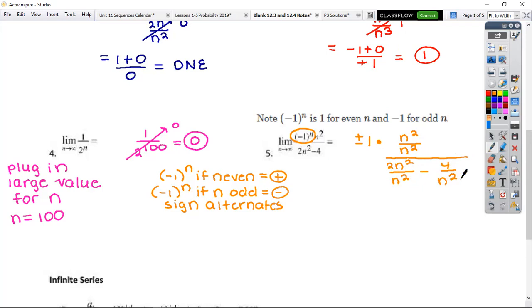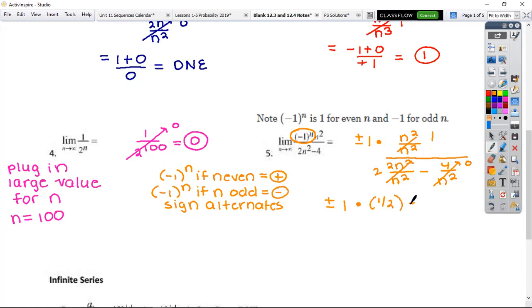The plus and minus 1 you can keep writing. And then what do we get from this? Okay, so n squared over n squared is just 1. 2n squared over n squared is just 2. And then 4 over n squared approaches 0. So this is really going to just give me 1/2.